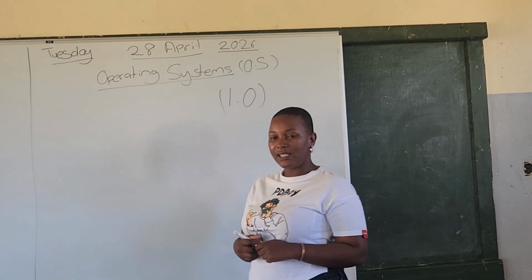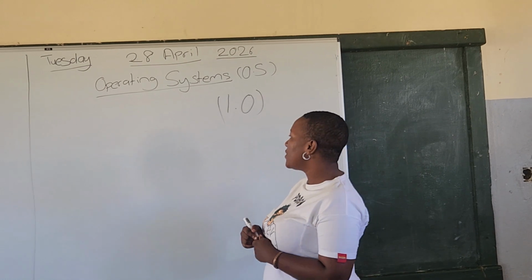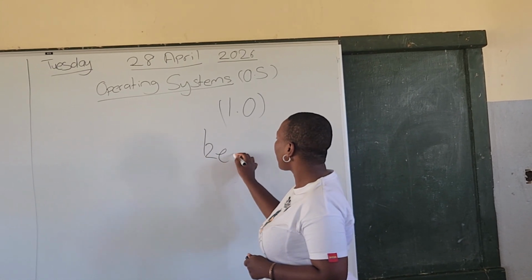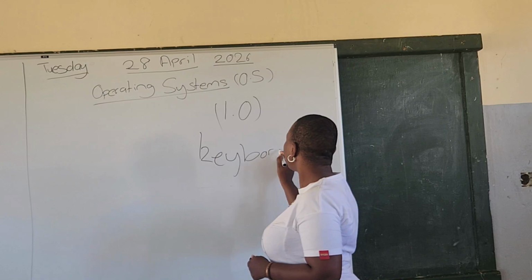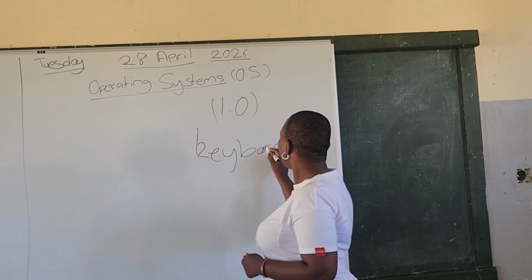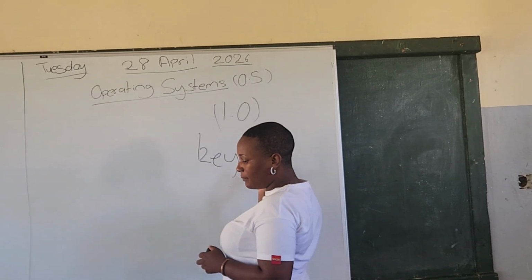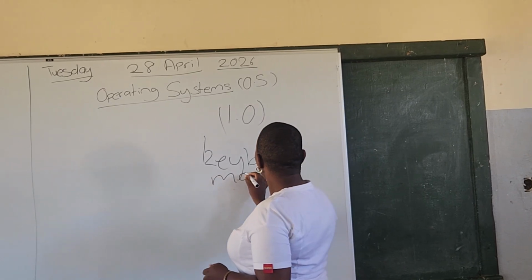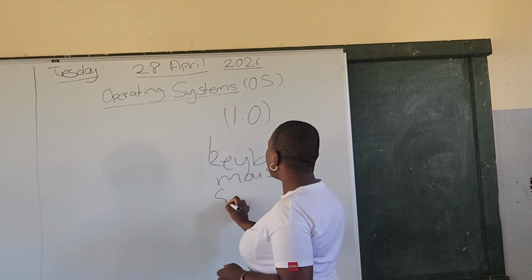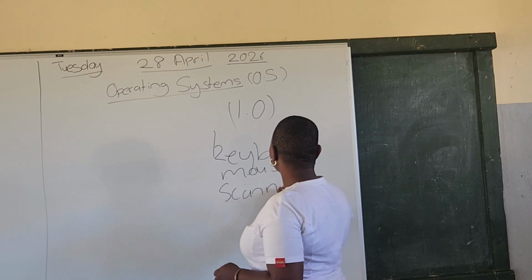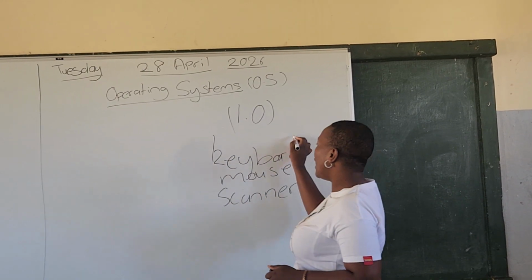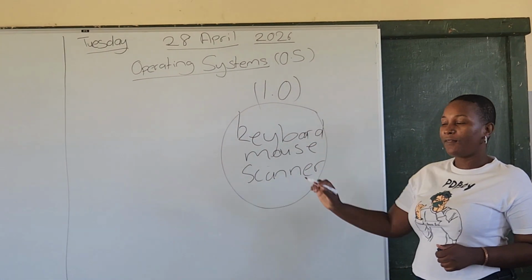Examples of input devices are the keyboard, a mouse, and a scanner. These are examples of input devices.